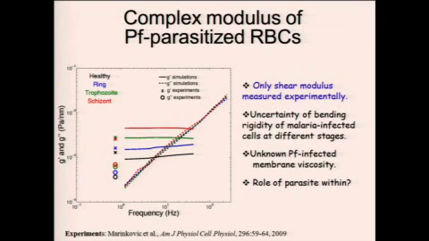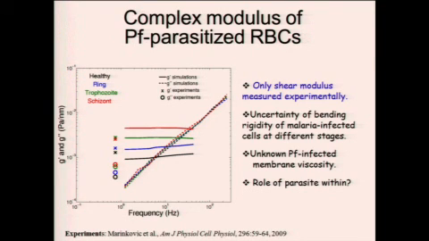We don't do so well when we look at the case of the malaria infected ones. In the first place, we only have one frequency in the experiment, so we don't know too well. G prime are the horizontal lines, and they don't agree very well. So one of the things we don't know here is what's going on.